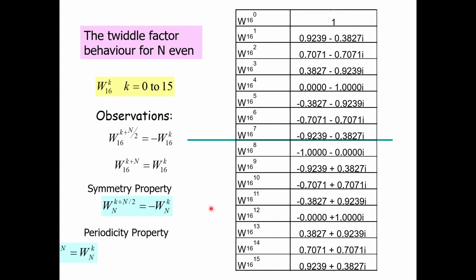And the periodicity property means that in this case our listing goes from 0 to 15 for K. If K goes to 16, we just start back at the top of the table. Similarly, if K goes to 17, we'll now be at W16 of 1 and so forth. So the values just repeat or cycle themselves.